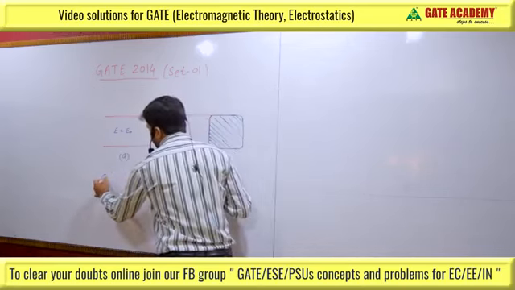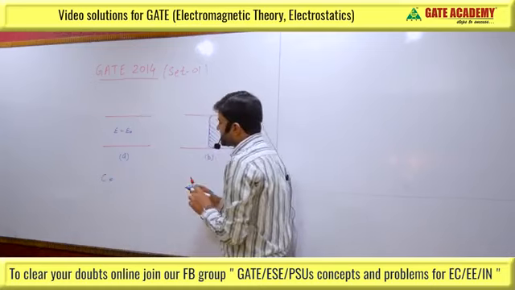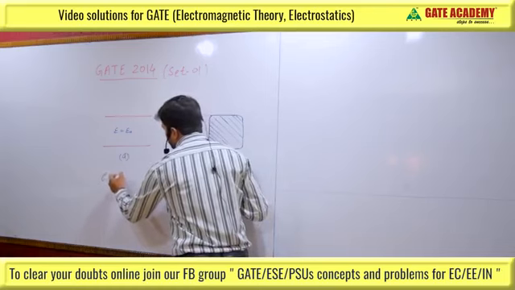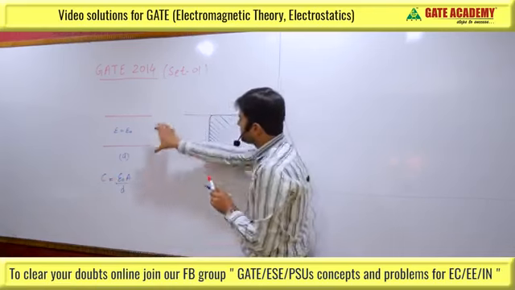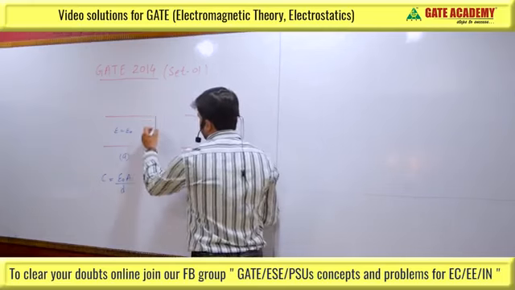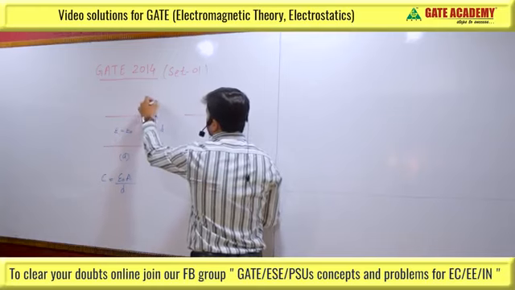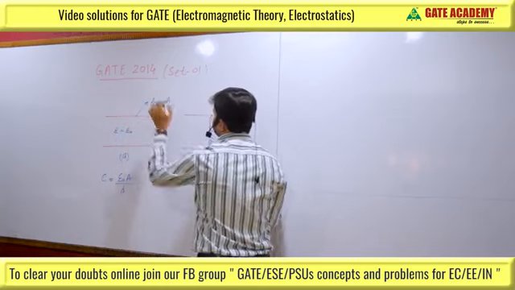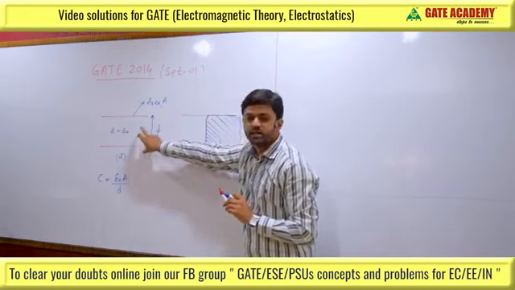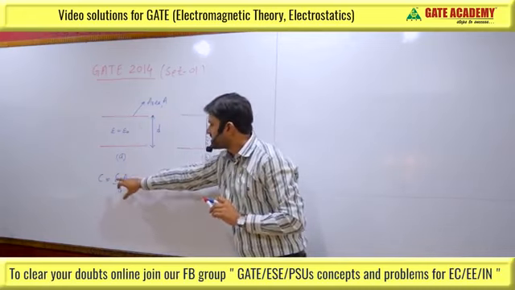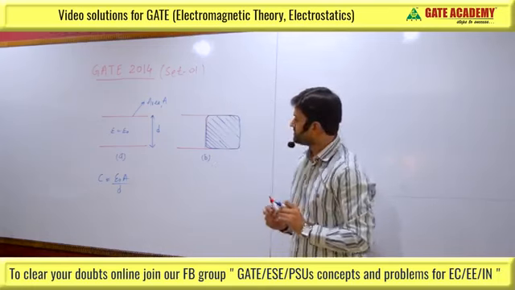So for this, capacitance is given by the formula for a parallel plate capacitor, C equals epsilon naught A upon D. Let us assume that the distance between the plates is D and it has area A. So for this particular system, the capacitance is C equals epsilon naught A upon D.